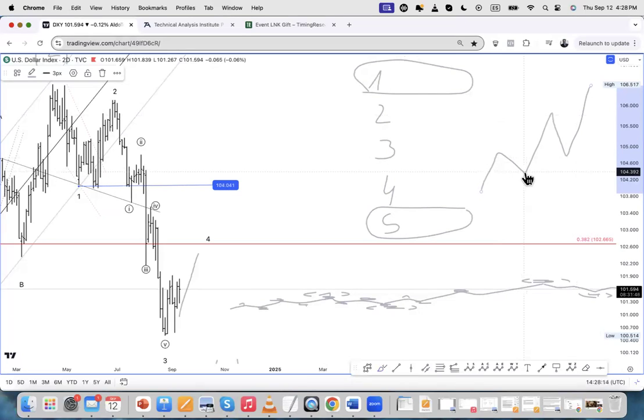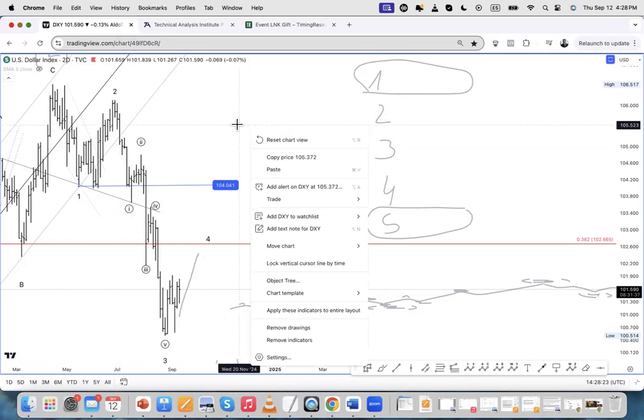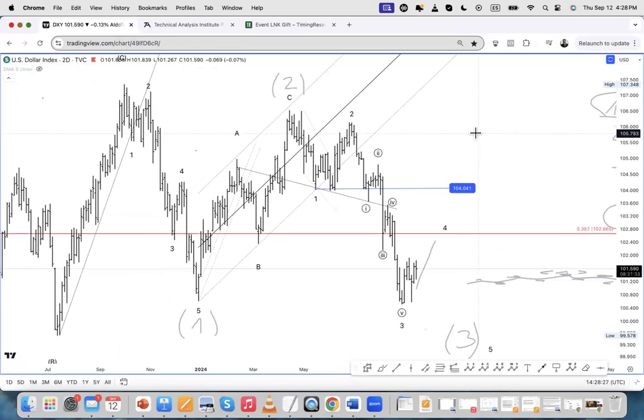Okay, so now using these rules, let's go back to the counts that we had here, and let's check if they follow the rules. If they follow the rules and they pass, great. That means that we can label it that way, we can count it as a downtrend, and we can expect a next move to the downside. So first rule, wave 2 can never travel more than 100% the distance traveled by wave 1.